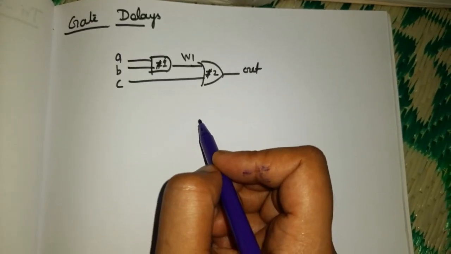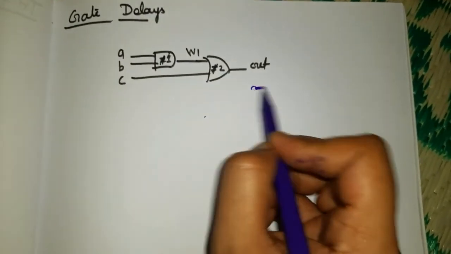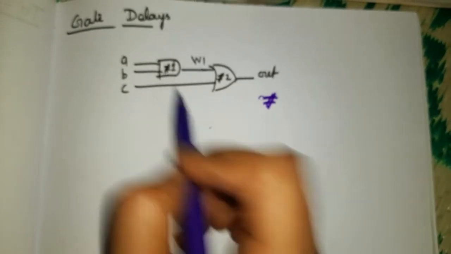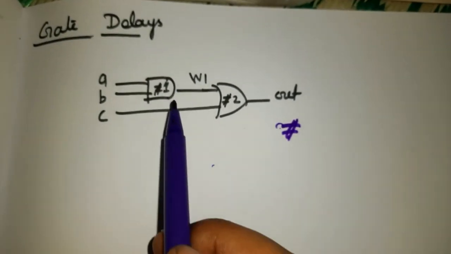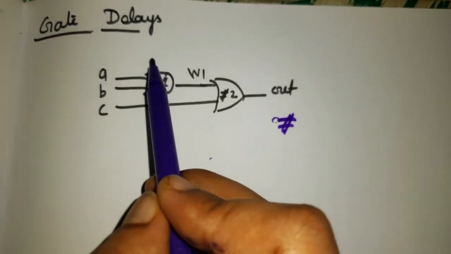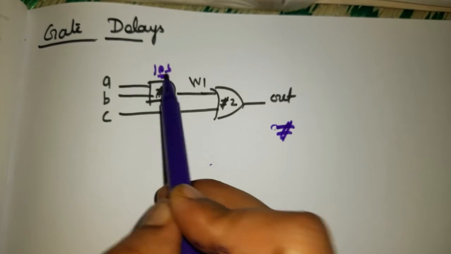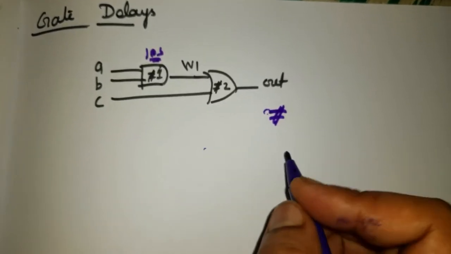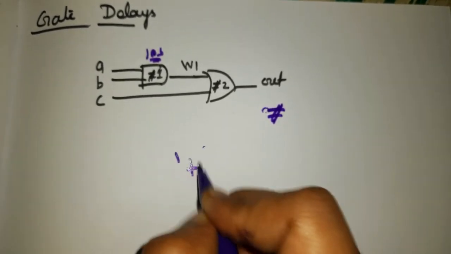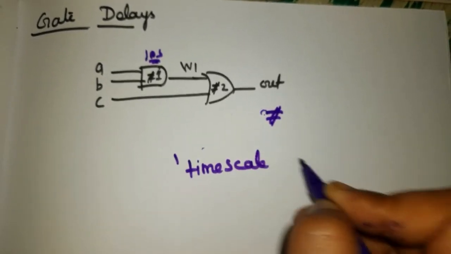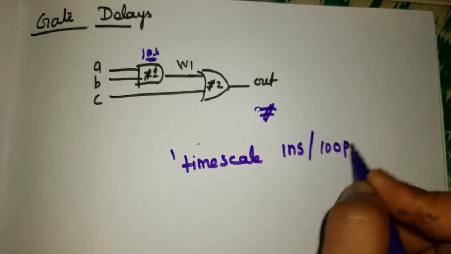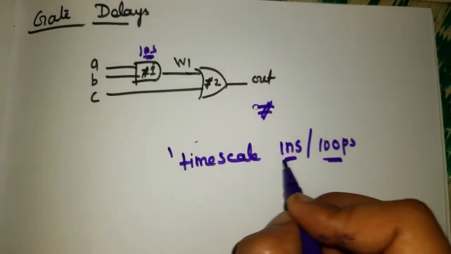Next see about the gate delays. These gate delays are mentioned with the pound symbol or hash symbol, and here they are mentioning this gate has a delay of hash 1. So this has 1 nanosecond delay, and this nanosecond we can also mention in the Verilog code using the keyword timescale, timescale 1 nanosecond by 1 picosecond, where this is the time unit and this is the precision.